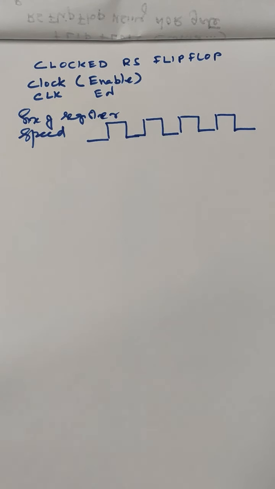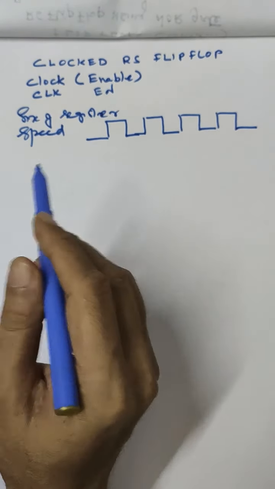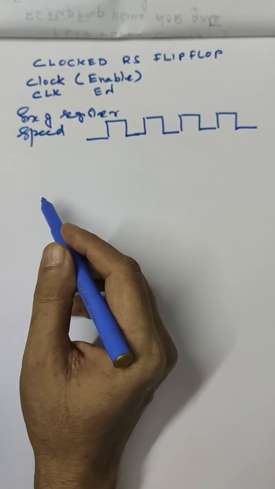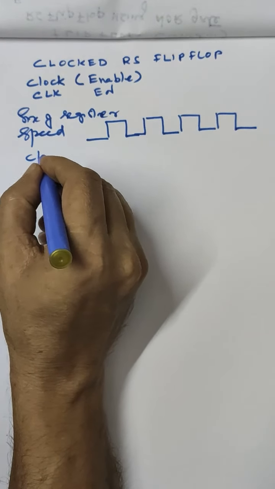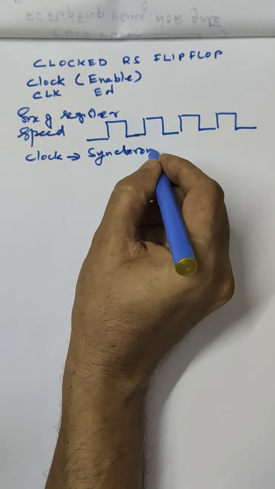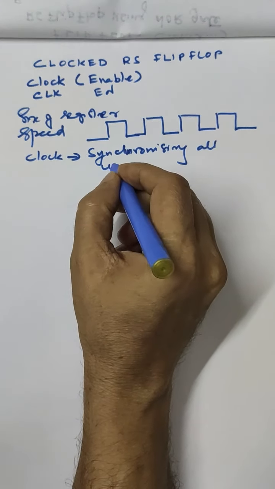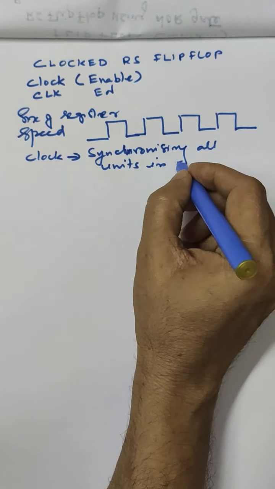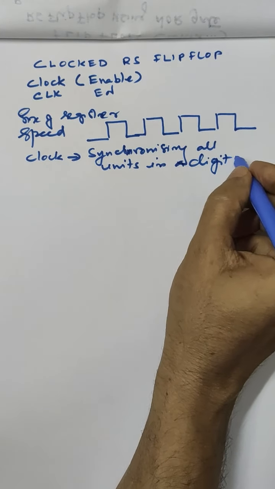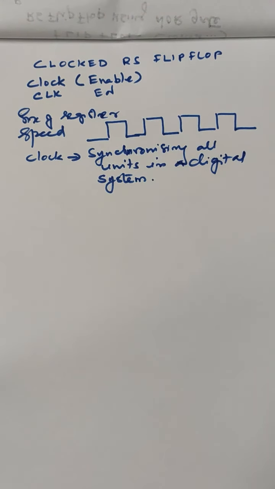This is like a heartbeat in the human body, which is synchronizing all the operations of the different components in a computer. So clock is used for synchronizing all units in a digital system.